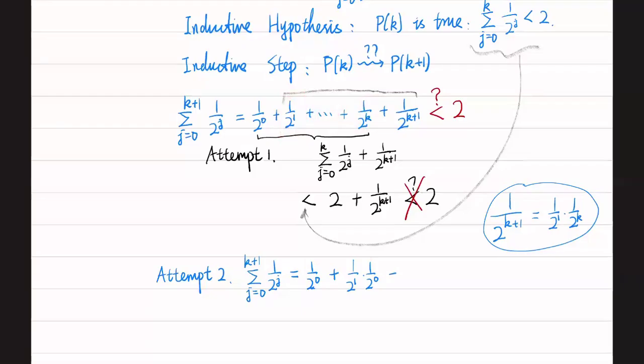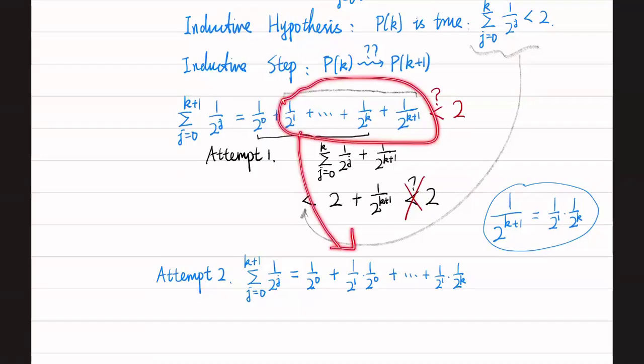I get, I split this 1 by 1. Now this 1/2 is a common factor for the second part. We pull that out.